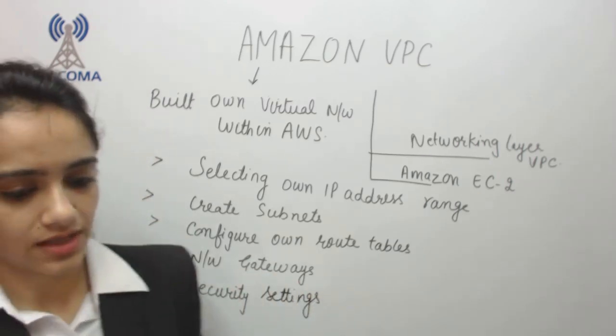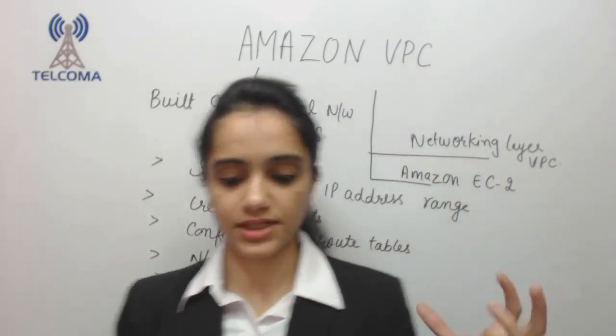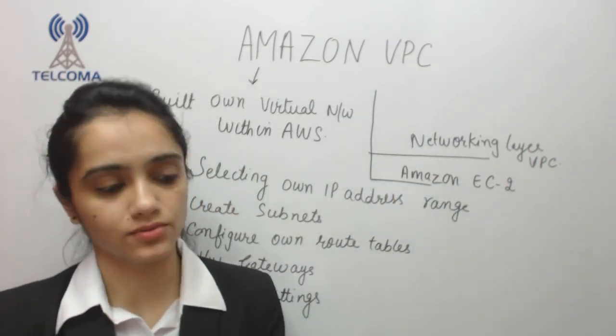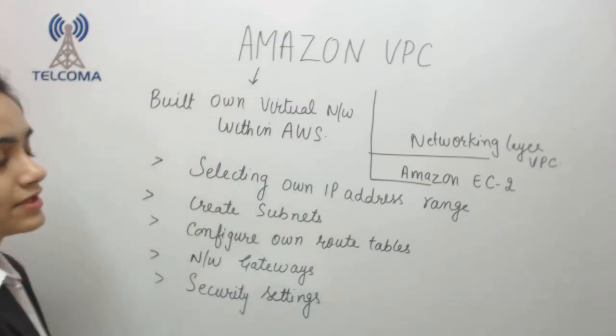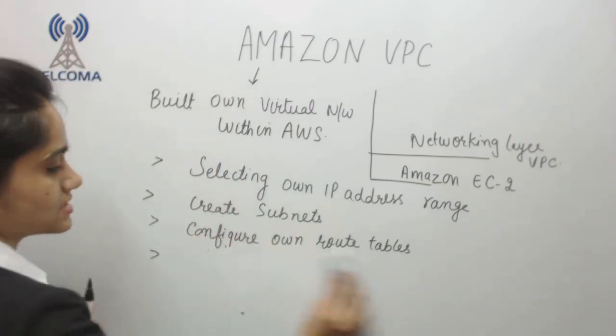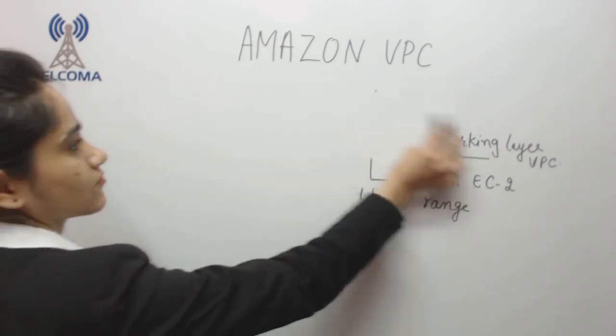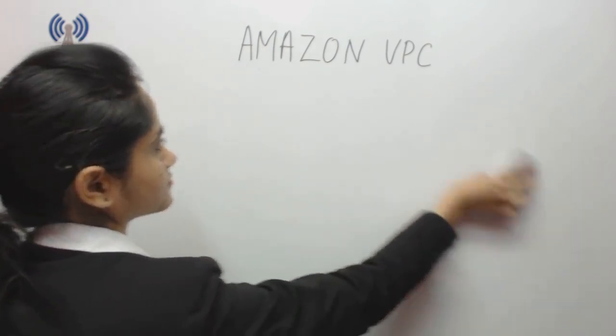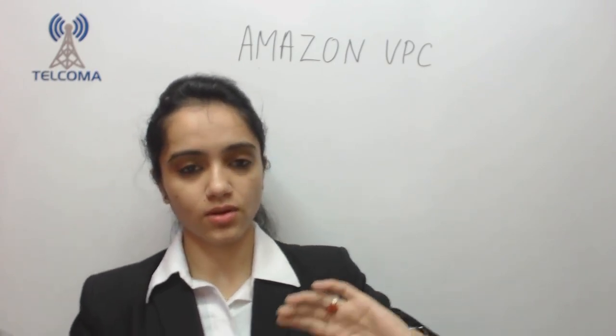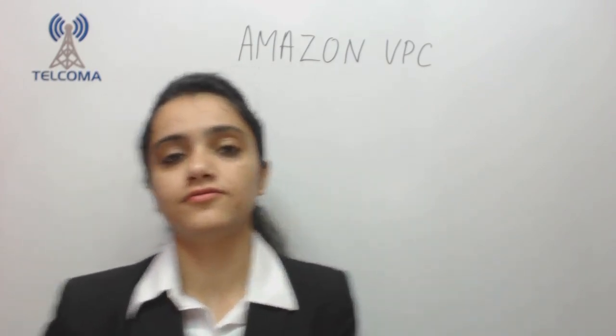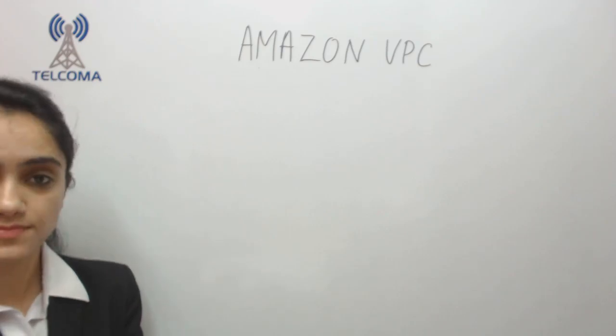Now, within a region, we can create multiple Amazon Virtual Private Clouds. Each Amazon Virtual Private Cloud is logically isolated, even if it shares the same IP address space.